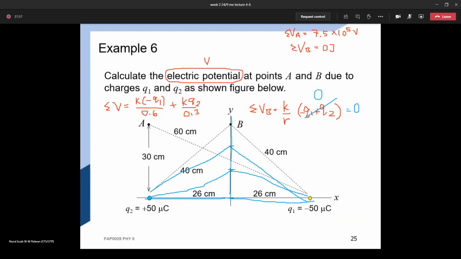And this is where you call it an equipotential line. Why? Because along the line, from infinity to infinity, positive and negative, you will have V equals 0 as long as the type of charge is opposite, the magnitude is the same, and the distance is the same. So again, what is the line in the middle here? It is what you call the equipotential line.